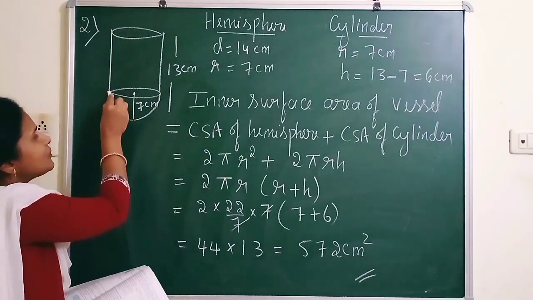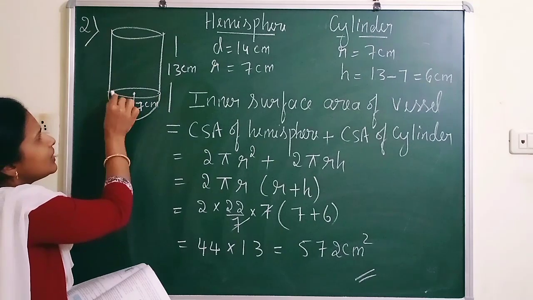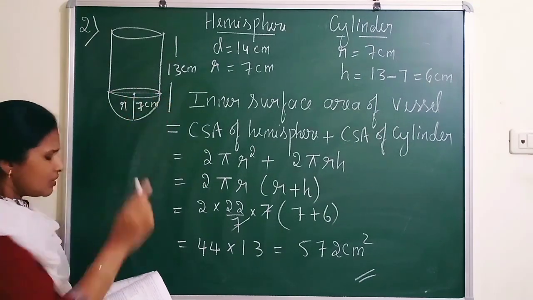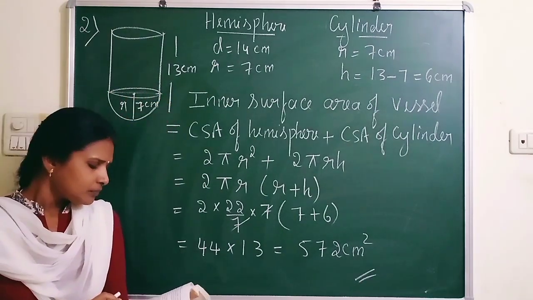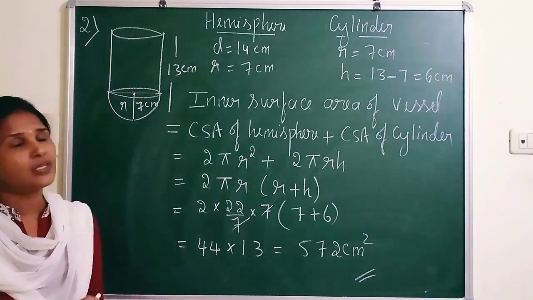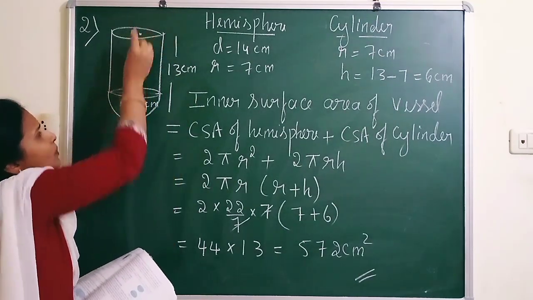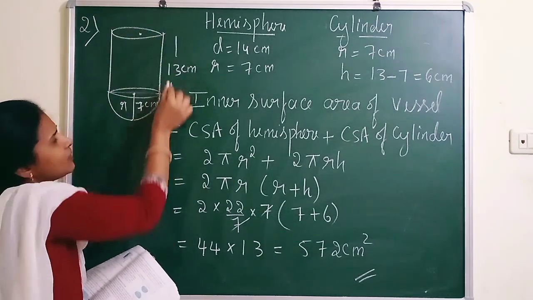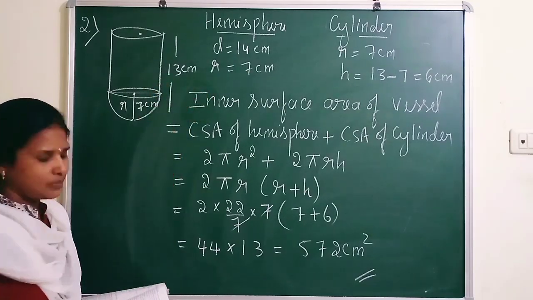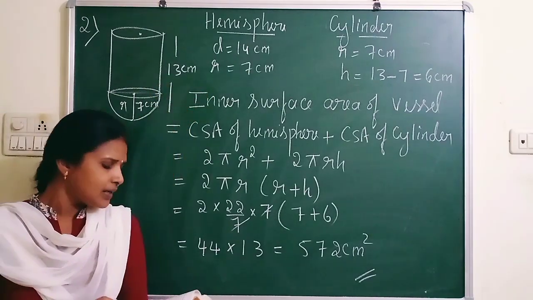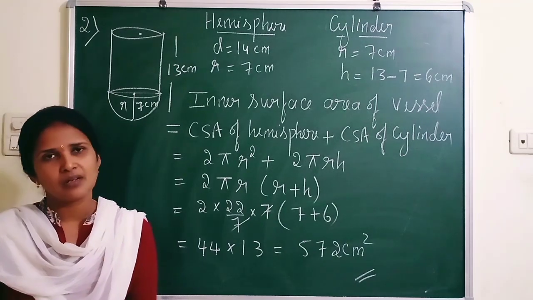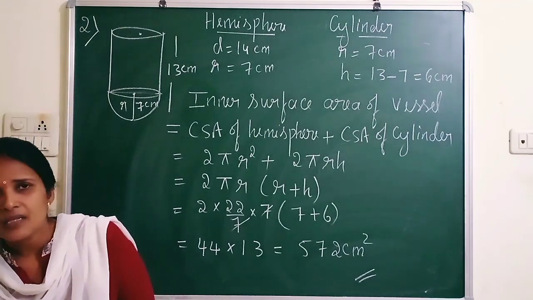So diameter is from this edge to edge. And the total height of the vessel, from this top to this bottom, is given as 13 centimeter. Find the inner surface area of the vessel. Means we have to find the inner surface area.